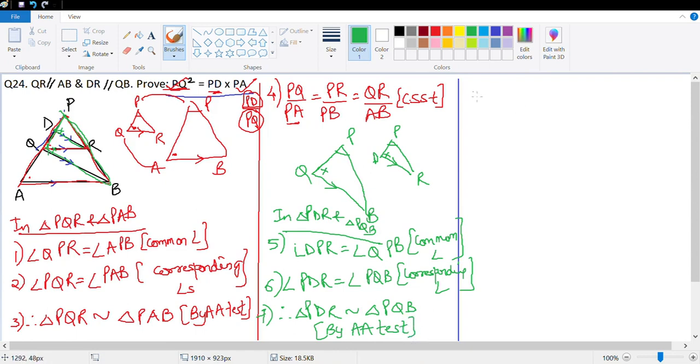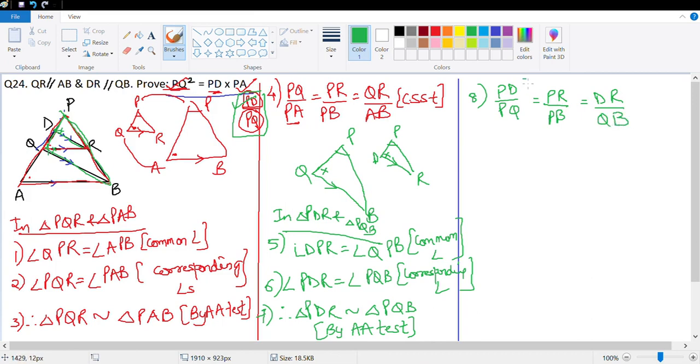What this gives me is number 8 in terms of proportion. PD upon PQ is equal to, this is what I wanted, PD upon PQ, done. But let's see how will I move from here. PD upon PQ is equal to PR upon PB is equal to DR upon QB.